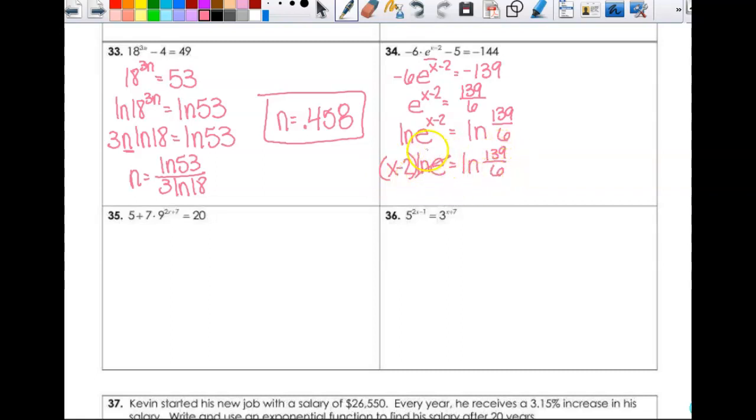Well, the natural log of e is 1. So that just leaves me with x minus 2 equals this. So x equals the natural log of 139 over 6 plus 2. That's when you go to the calculator, do your thing on there, and x equals 5.143.